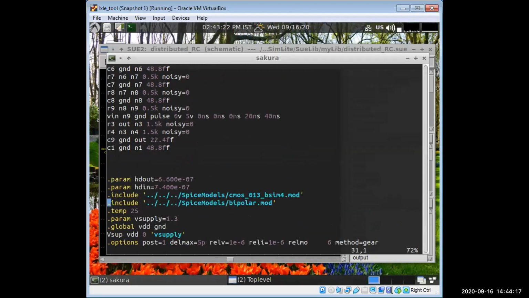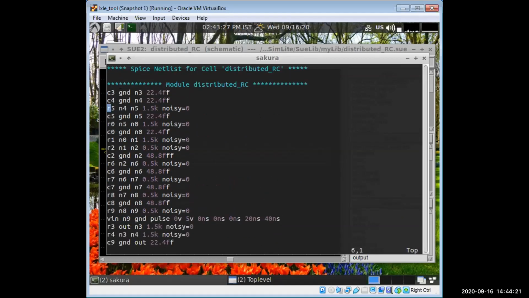Just wait here, that shows the netlist. One minute. Okay, 0.5, 1, 2. Yes, sir. Total 5. Capacitance 22.5. Okay.